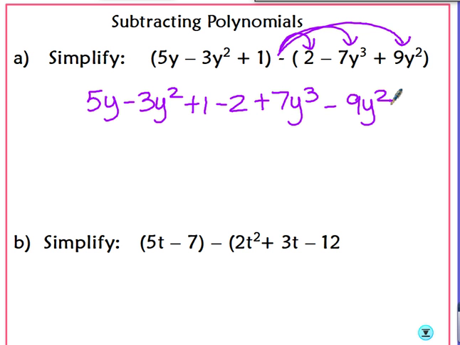Notice I distributed the negative 1 into the second parentheses, which gave me negative 2 plus 7y cubed minus 9y squared. Now I will combine like terms.